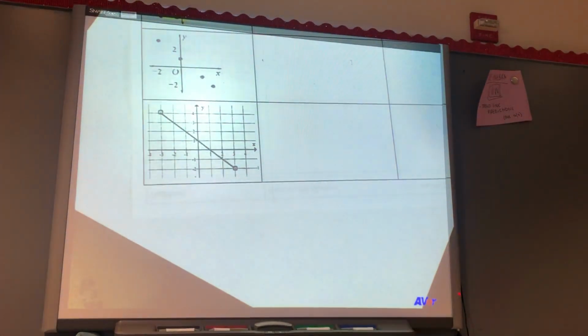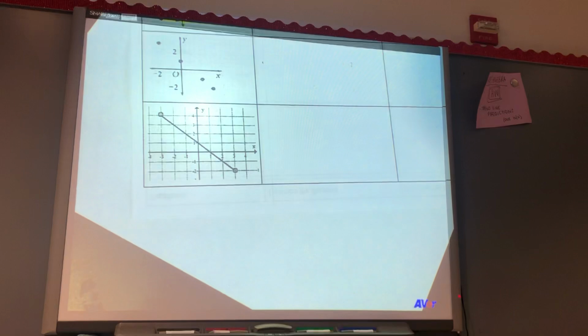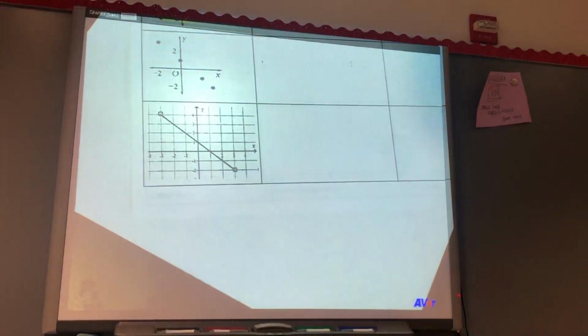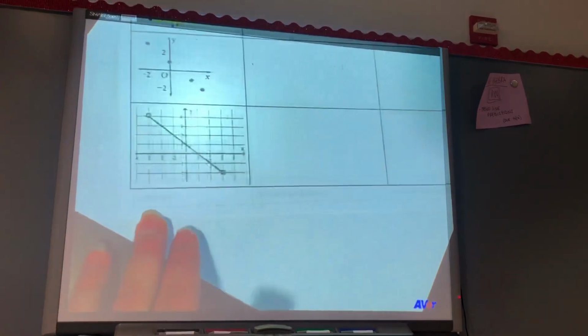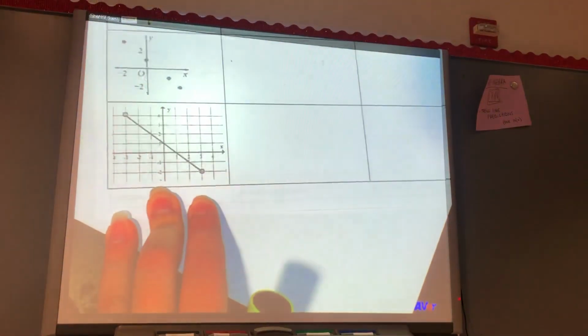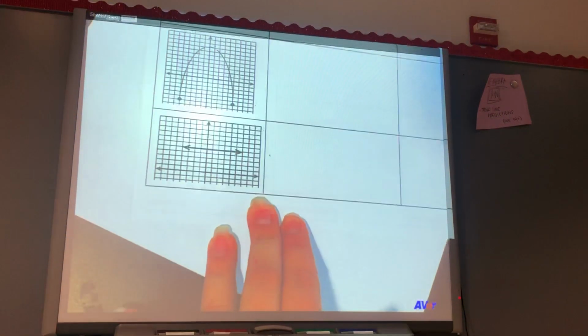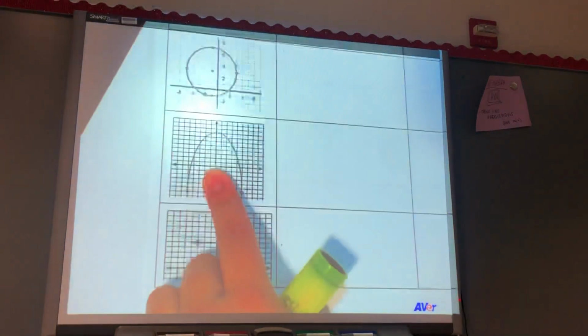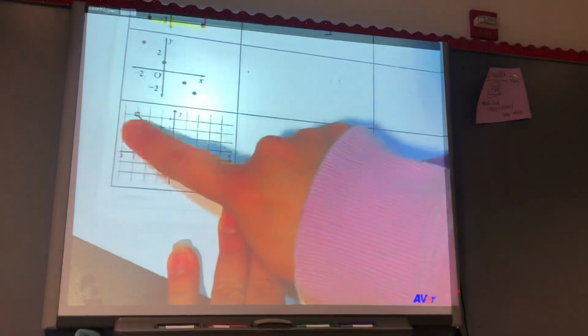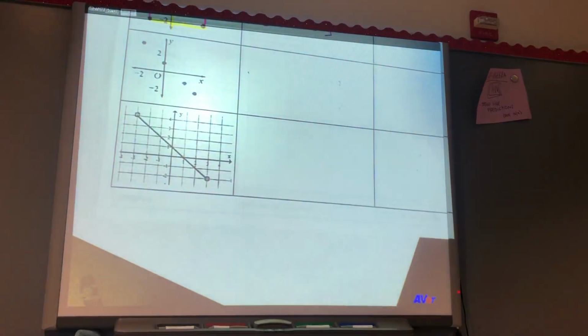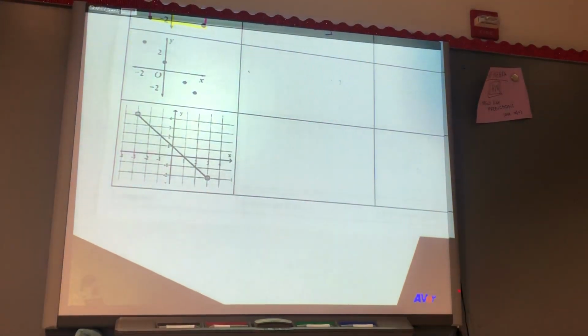Now, however, the lines that we work with in algebra for domain and range usually end. Sometimes we will get to instances where they don't end and they have arrows like this, or they might curve or something like that. But for now, I'm just going to tell you how to do a line. So, domain I work with what?